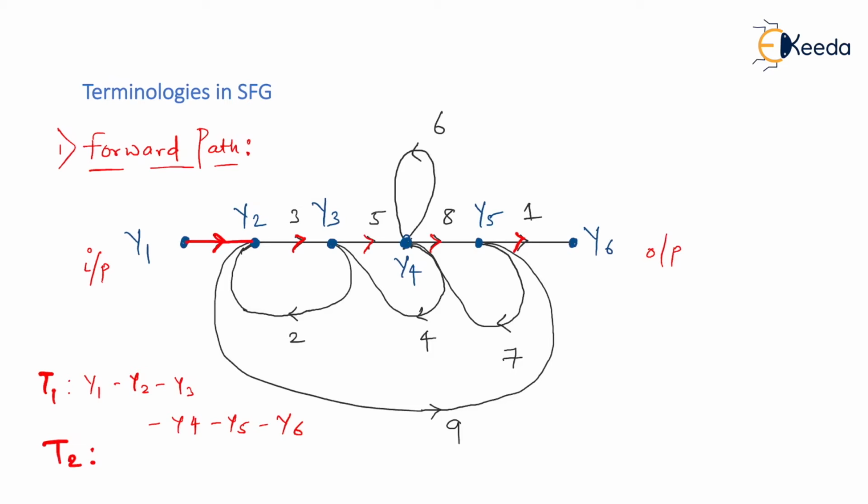I mean, look at this, y1 to y2, and then directly going from here. So I can go this way also. So it is like this: y1 to y2, y2 will directly go to y5, and from y5 will directly go to y6. So this is a second forward path possible, am I right? So there are two forward paths possible in this case.